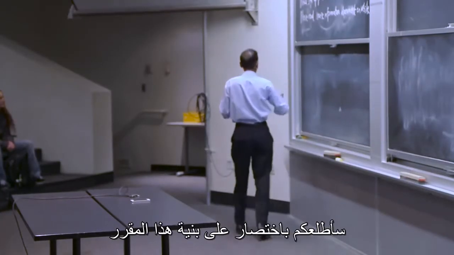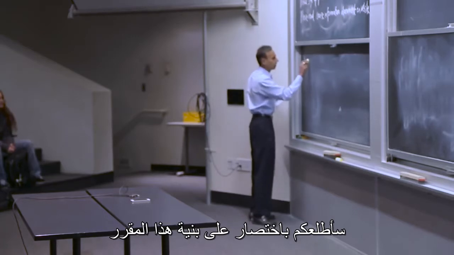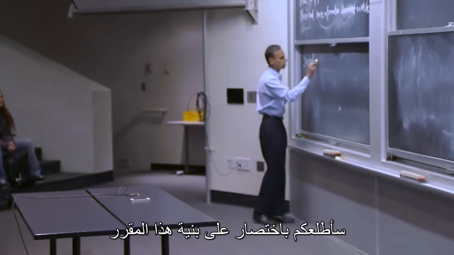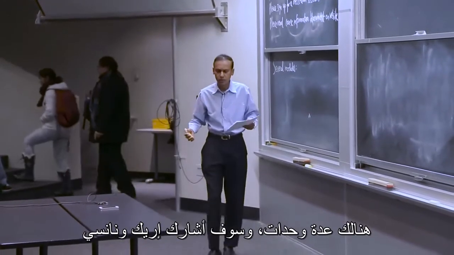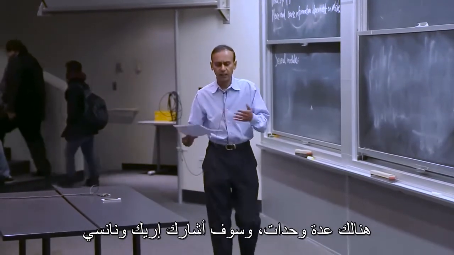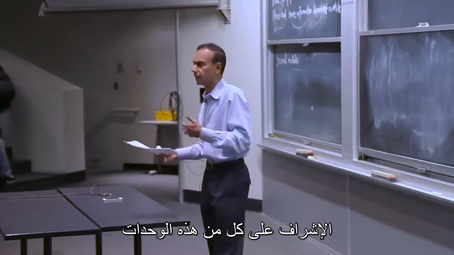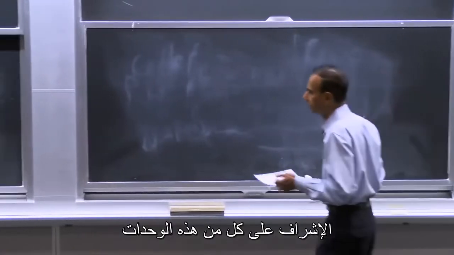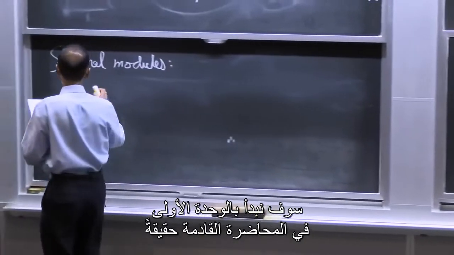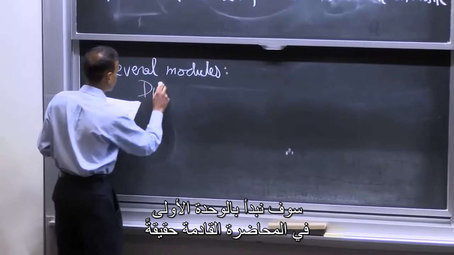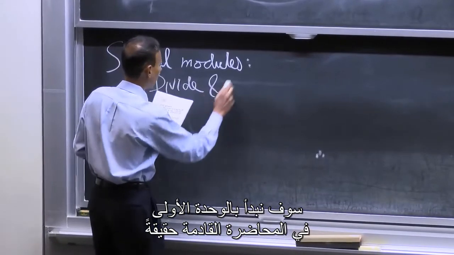Let me tell you a little bit about how the content of this course is structured. We have several modules, and Eric, Nancy, and I will be in charge of each of these different modules as the term goes on. Our very first module is going to start really next time.